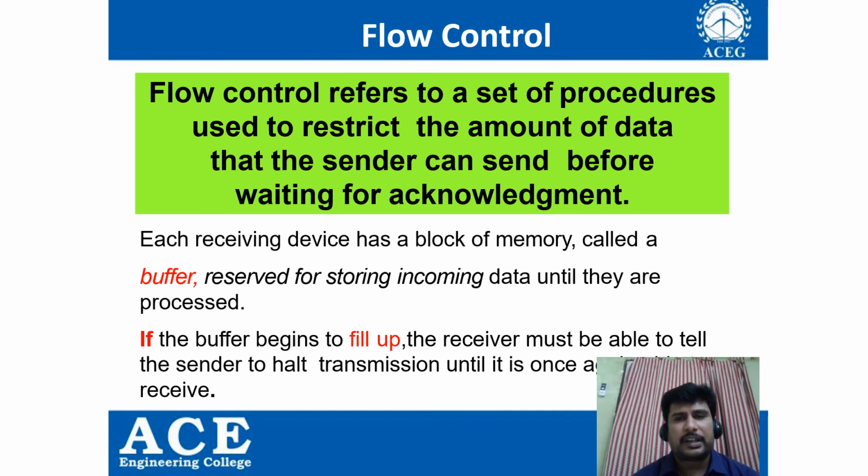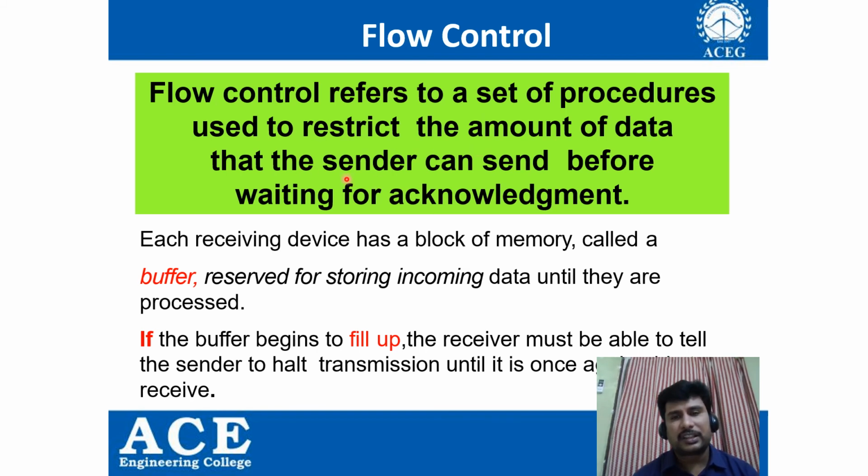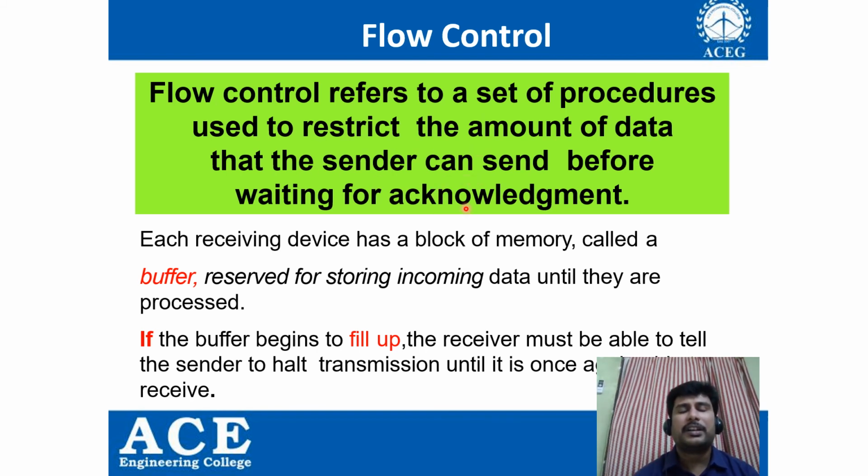In the previous slide, we were saying that data link control is the combination of framing, flow control, error control, and using a set of protocols for implementing node to node delivery. But what do we mean by flow control? Flow control refers to a set of procedures used to restrict the amount of data that the sender can send before waiting for an acknowledgement.